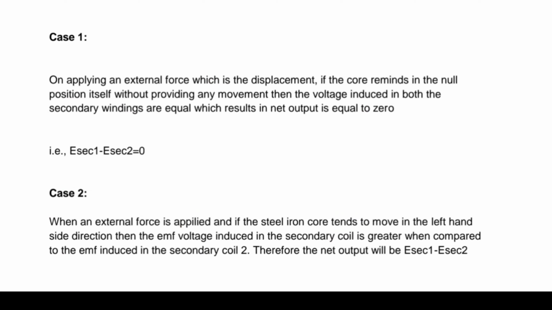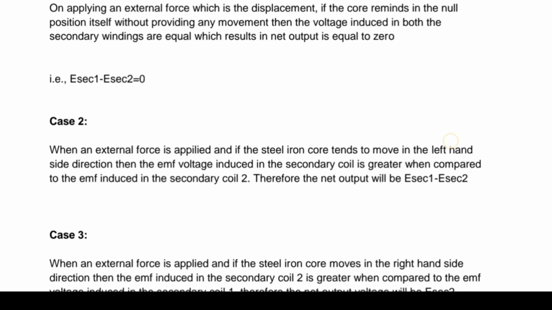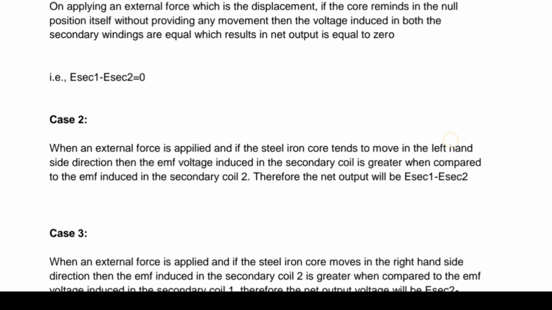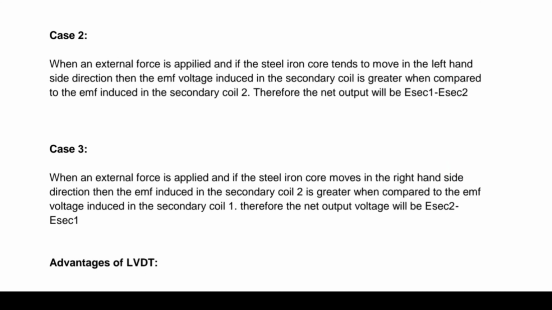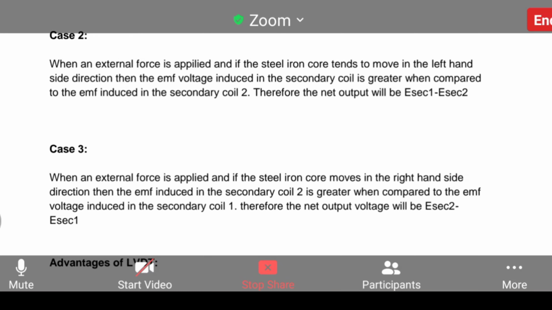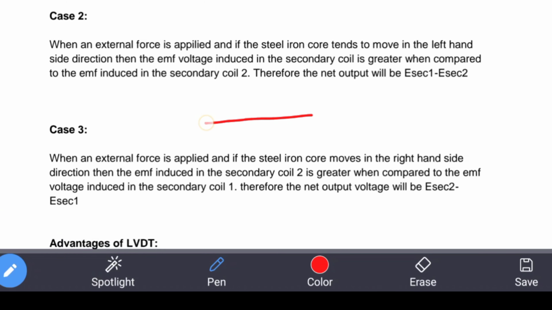In our laboratory, we have LVDT as one of the experiments in the measurements lab, the linear variable differential transducer. Theoretically, the three cases are case 1, case 2 and case 3. When external force is applied and the steel iron core tends to move in the left hand side direction, what is the EMF induced?